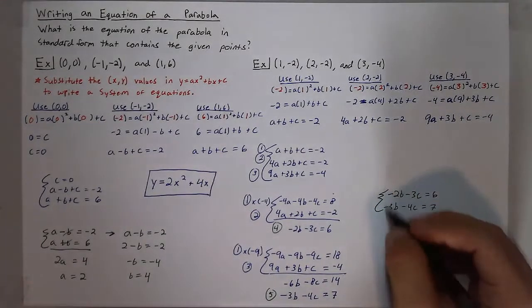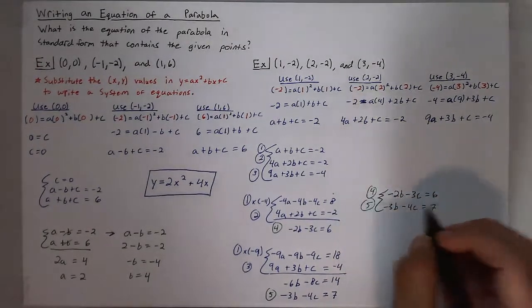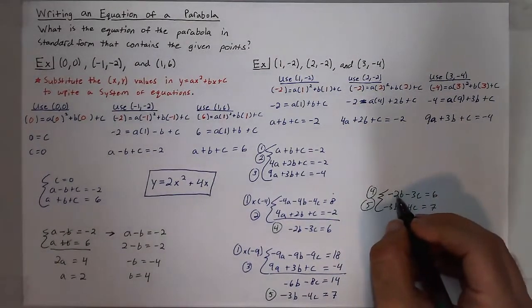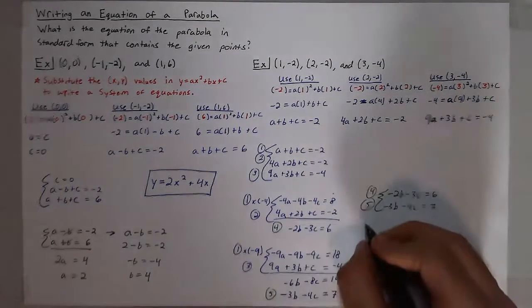And now I need to eliminate one of those variables with equations 4 and 5. So what I'll do is multiply the top equation by -3 to give this a positive 6b, and multiply the fifth equation by 2 to give this a -6b to eliminate the b variable next.